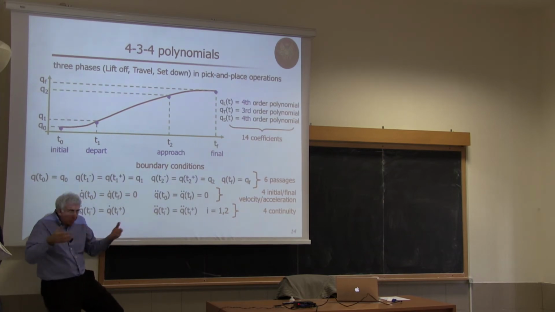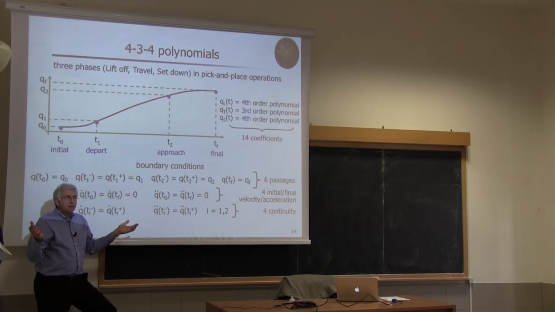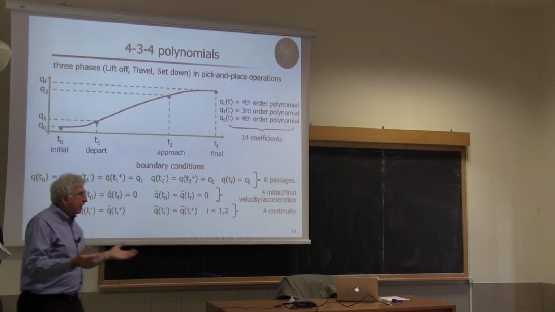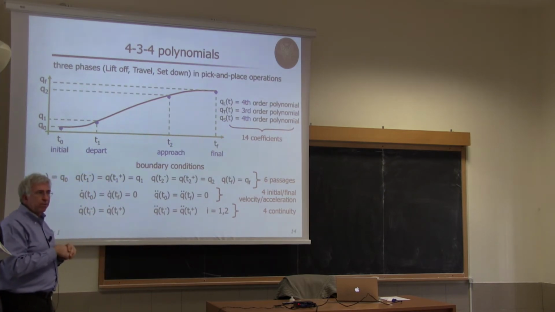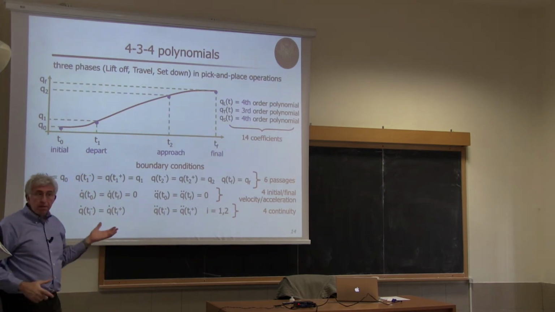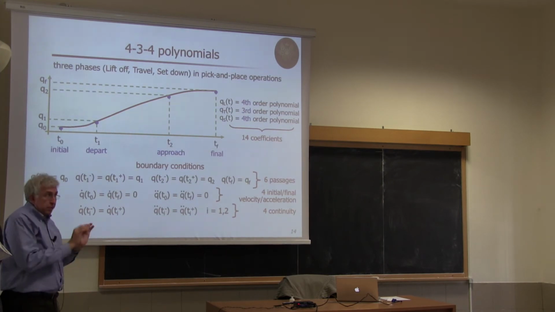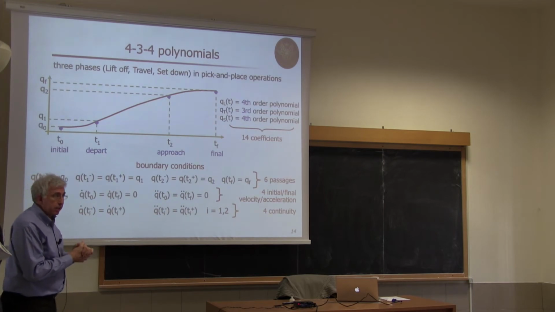So I need to distribute them in a, let's say intelligent would be too much, I mean, in a non-stupid way, I would say. And this is why you have this type of form. It's not the unique patching of low-order polynomials, but it's the lowest order that guarantees the result. Okay?